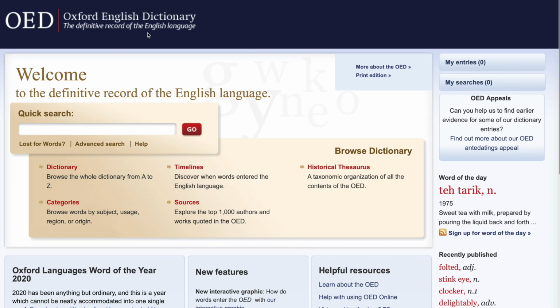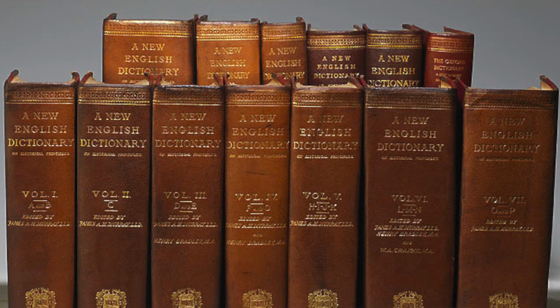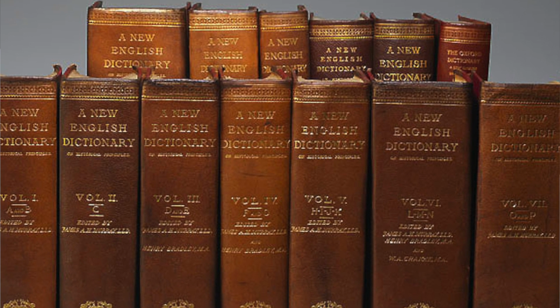So the dictionary was finished in 1928, right? 1857, it was begun. The first bits of it came out in 1884, and it was finished in 1928.